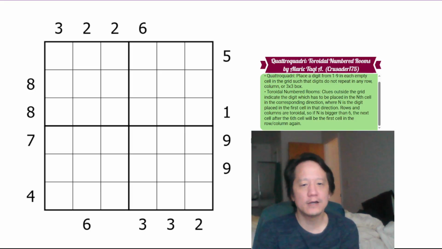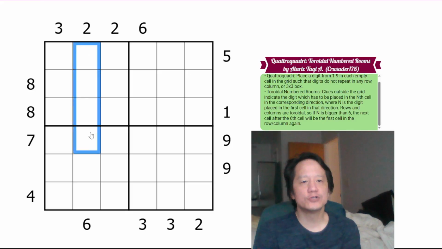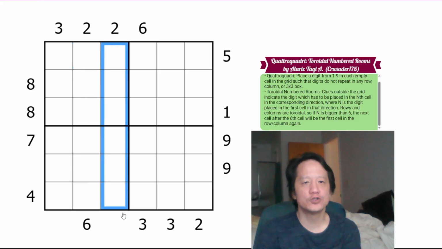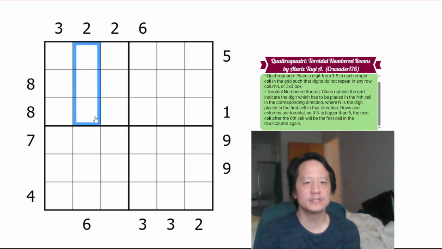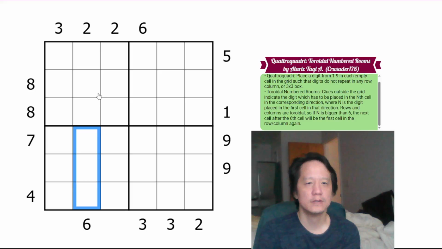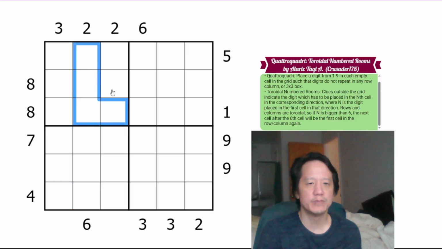How do we attack this? We know there's a 2 in columns 2 and 3. One of them must be in this box, and the other has to be in this box.